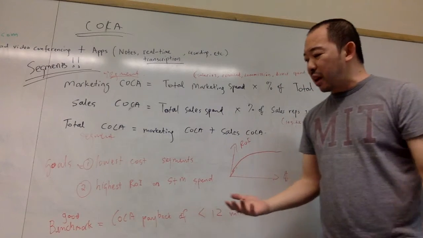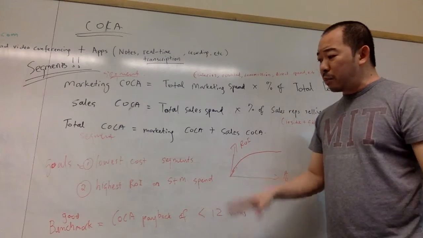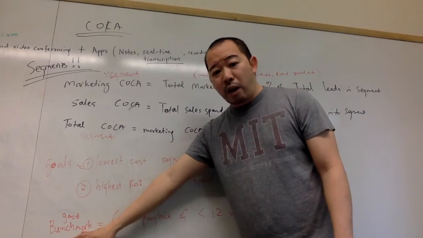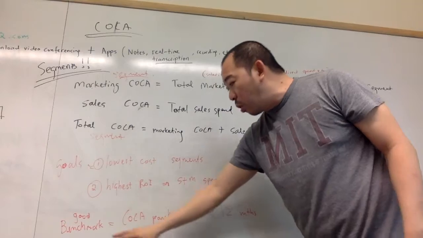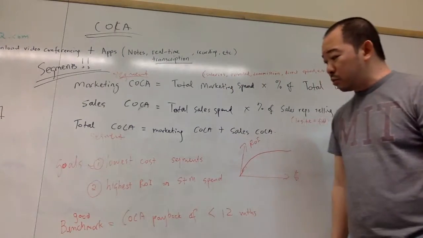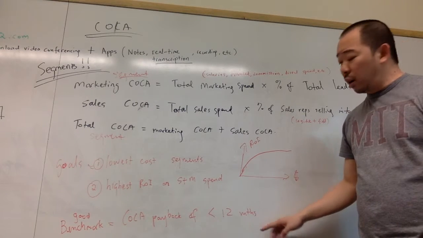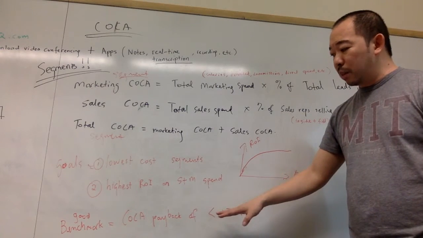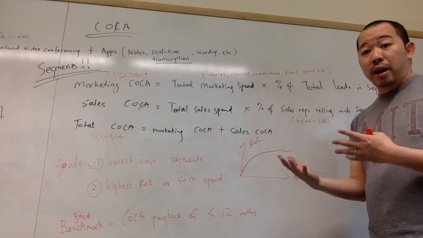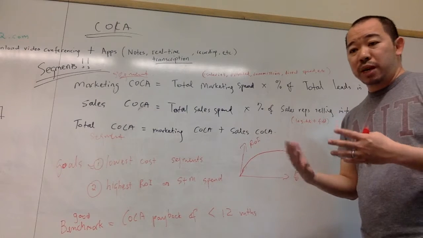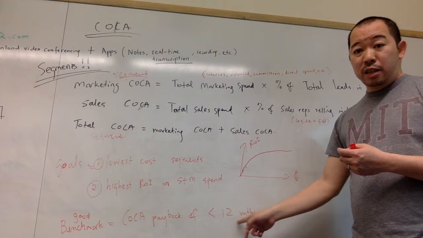So some rule of thumb generally. Again, I sometimes hesitate to use rule of thumb, but just to put some numbers, a good benchmark for COCA, roughly speaking, is a payback period of less than 12 months. That's good. Obviously, it has so many assumptions, right? If you are a high growth startup, making tens of millions of dollars in revenue, this might be a high bar, right?